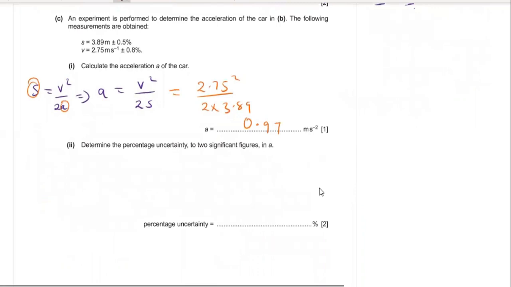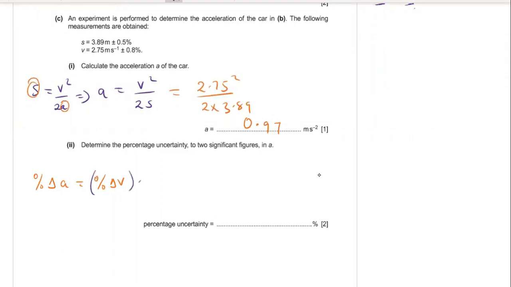Roman 2, determine the percentage uncertainty to two significant figures of A. The percentage uncertainty in A will be given by the percentage uncertainty in V, but because V is squared, we multiply the percentage uncertainty in V by 2, then add the percentage uncertainty in S. All this is provided.